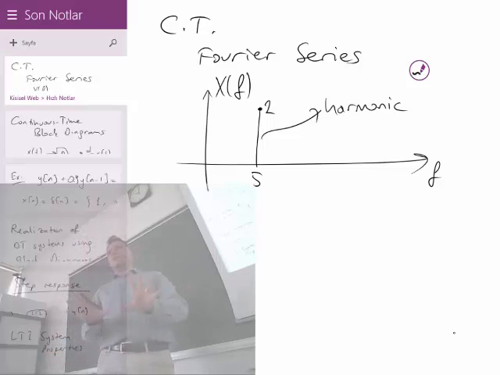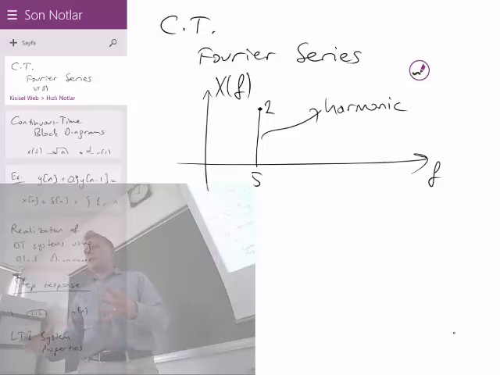Let's only think of cosines for the time being. It's a little bit different in general, but to motivate things, let's start with a simpler example. Let's consider only cosine harmonics for the time being.